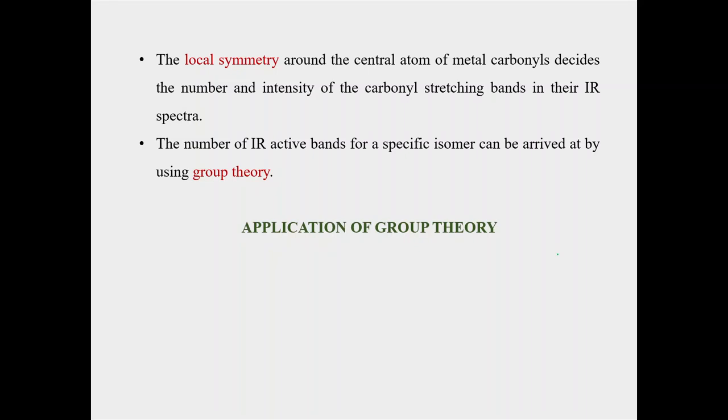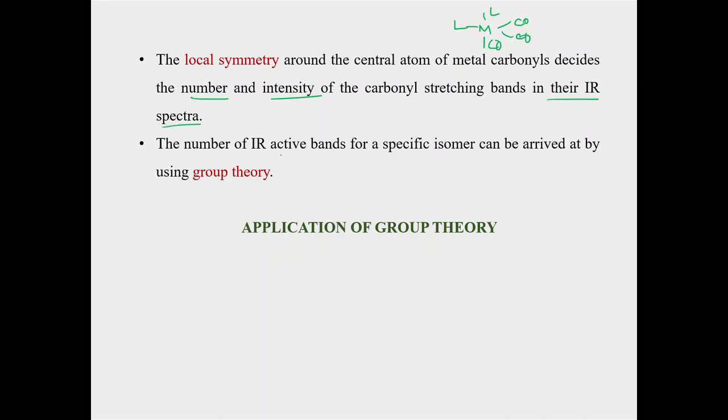Now the local symmetry around the central atom, here the local symmetry around the central atom is this trigonal bipyramidal that we saw, L, L, CO, CO, CO. This local symmetry around the central atom of metal carbonyls decides the number and intensity of the carbonyl stretching bands in their IR spectra.